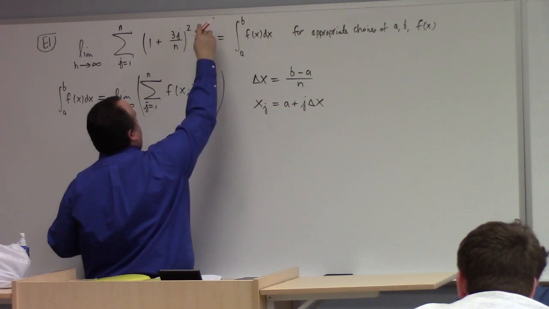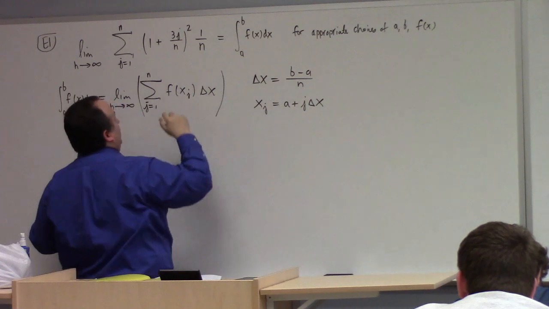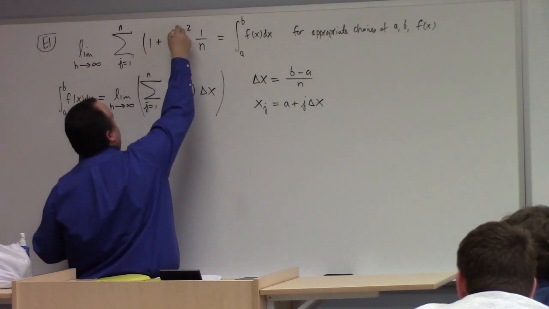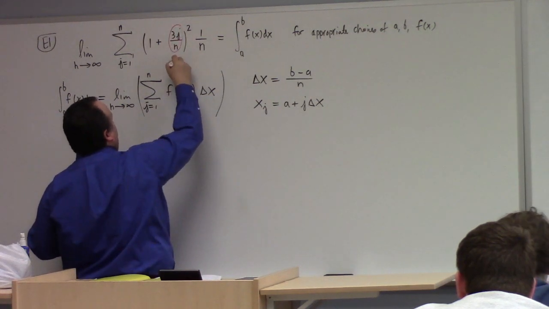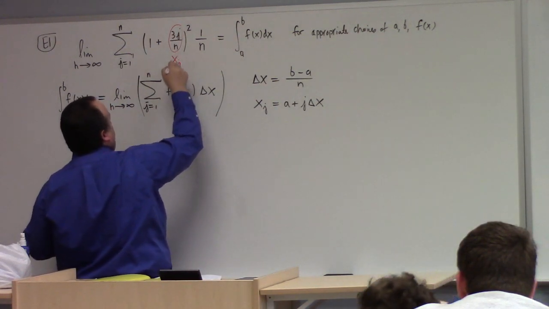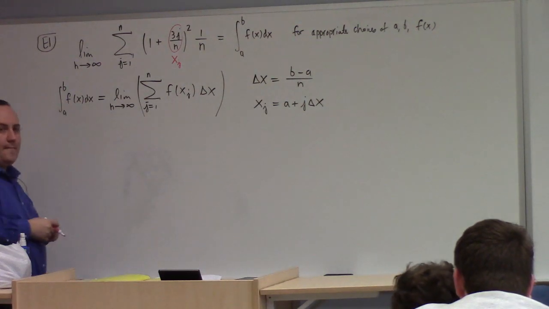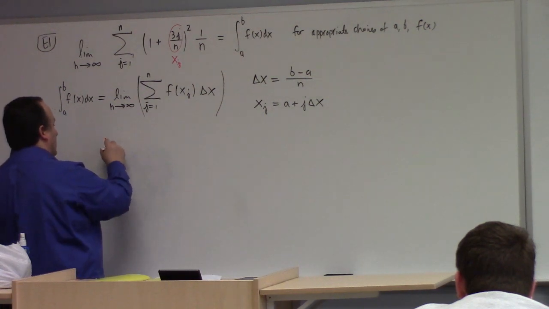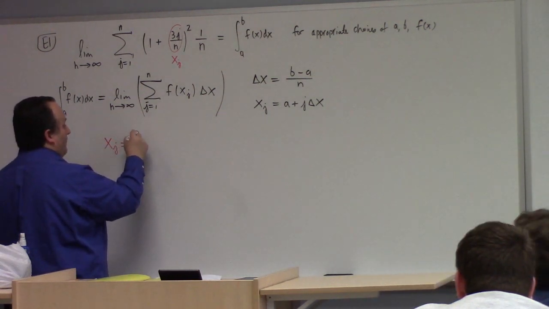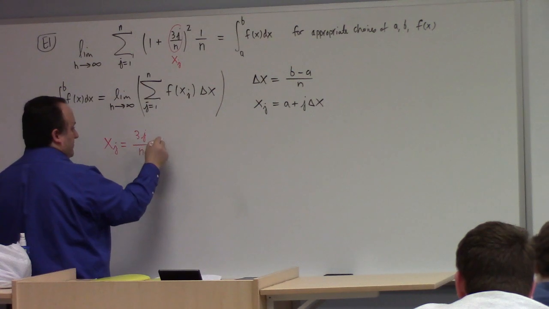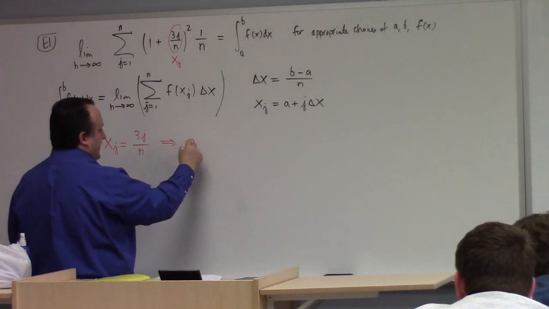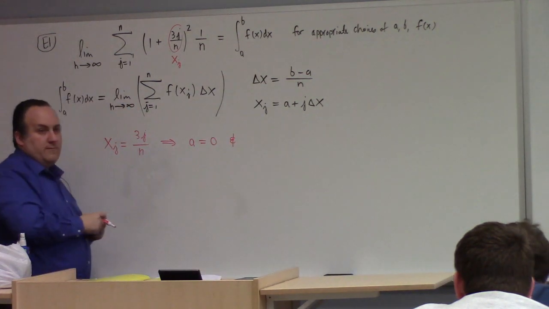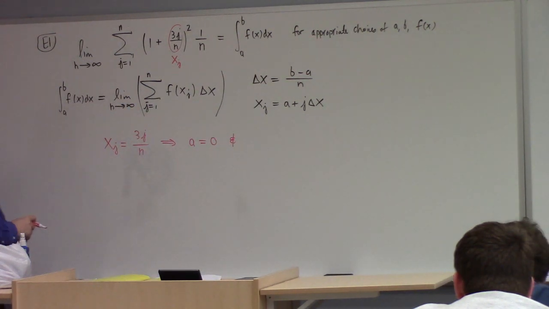Well, I'm going to make this, I want to think about this right here maybe, as being my x sub j, you know? So if I think about that as being x sub j, that suggests what? To me, that says a is equal to 0, right? And delta x equals to what?